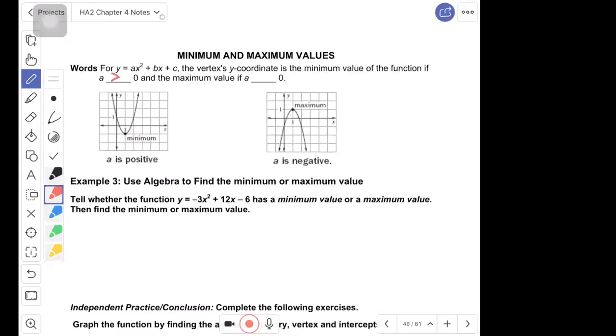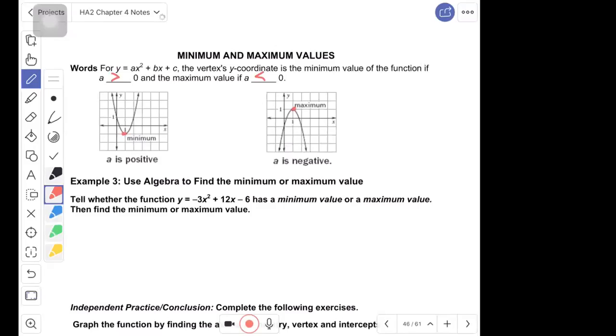So when a is positive, we have a minimum value. And if we have a maximum value, that means that a is less than 0. A is negative, which means that our parabola is opening down, which gives us that maximum value. The vertex is where this point is.